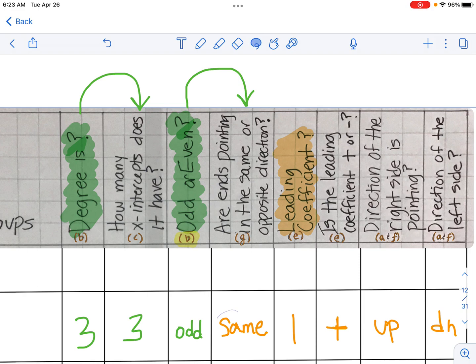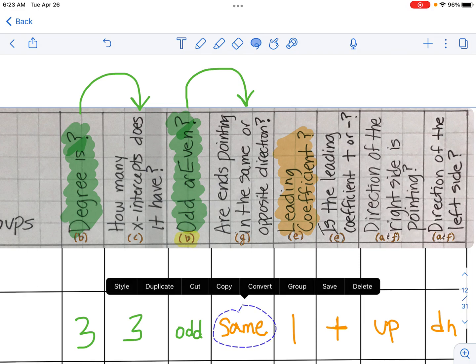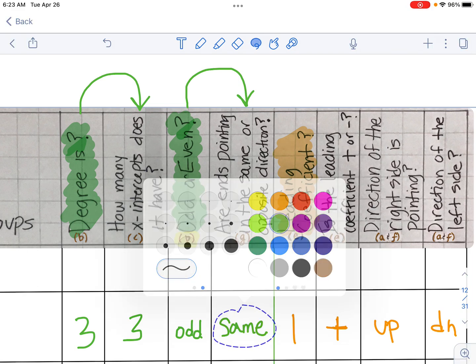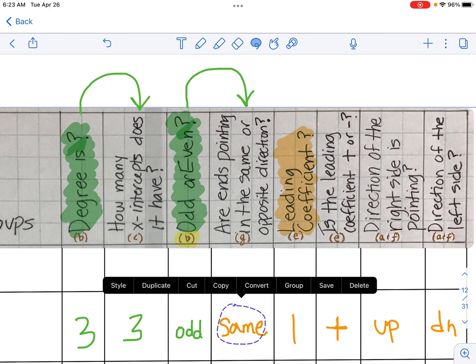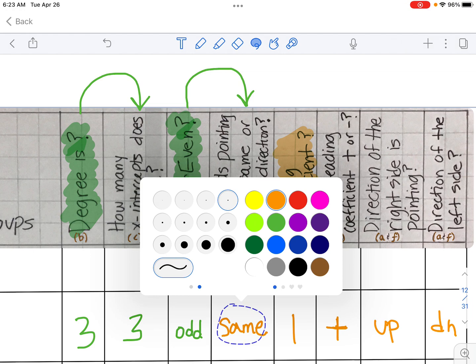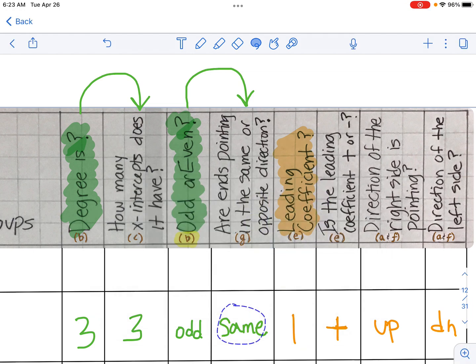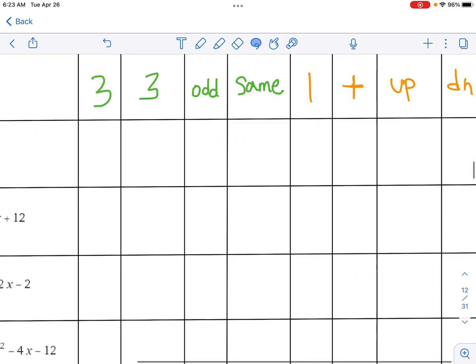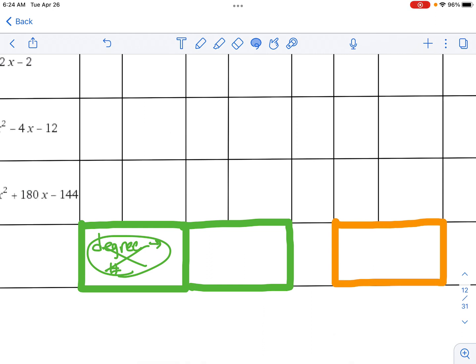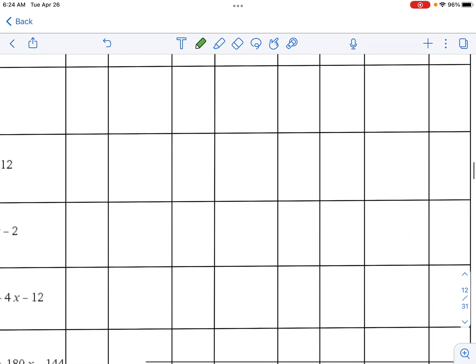So actually I might come back here and color code this green, because those two are connected. Whoops, didn't mean to take the line. There we go. Color code that green, because those two are connected. And then you're going to make a general conclusion there about what the ends are doing and whether or not the function's odd or even. You can put that right there.